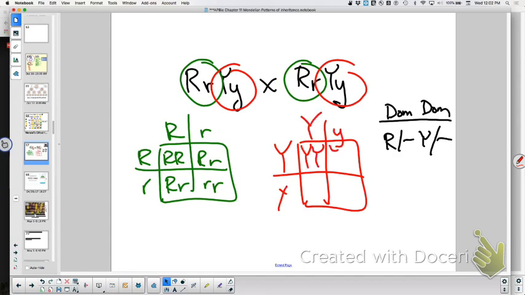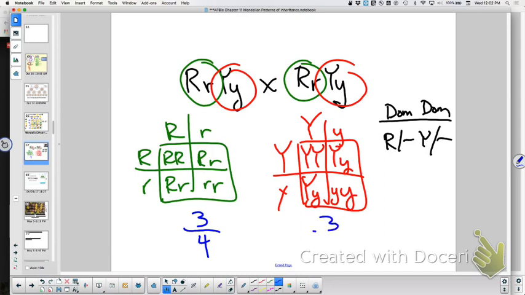It's going to look remarkably the same. Okay, now how many do we have here that are big R anything? 3 out of 4. How many here do we have that are big Y anything? Product law that it would happen at the same time. 3 times 3 is? 4 times 4 is?